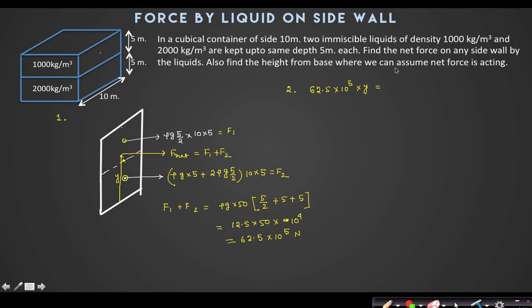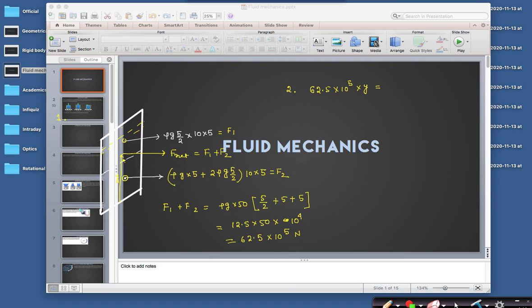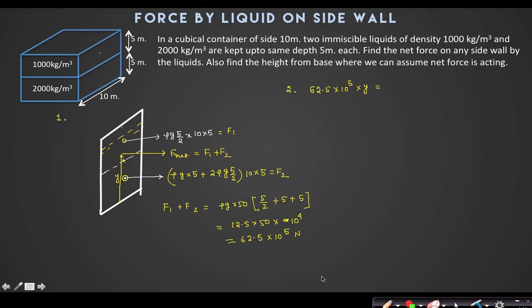So what I will do, here again you have to take a small area. No other way is there. If you take a small area, suppose this height is h, and a small area at y of thickness dy, then the force is rho g y into L dy.